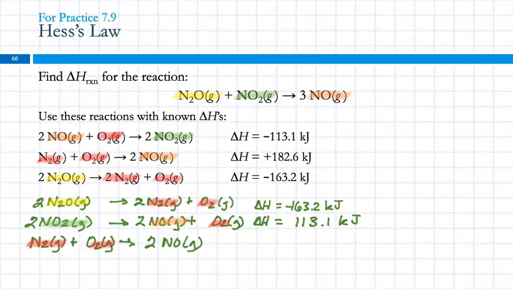So there's those guys. Did I do anything to delta H? I mean, did I do anything to the equation? To this one? Did I change it in any way? I just copied it down. So I'm just going to copy down delta H. 182.6.